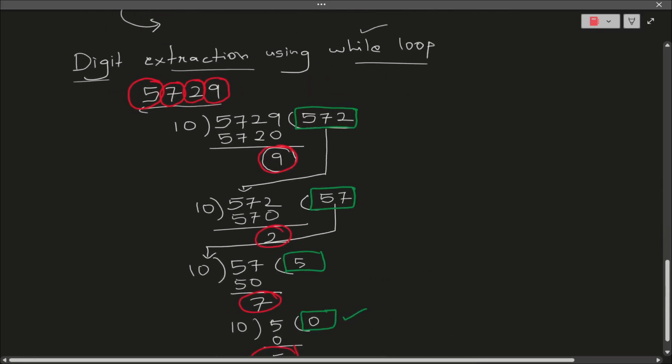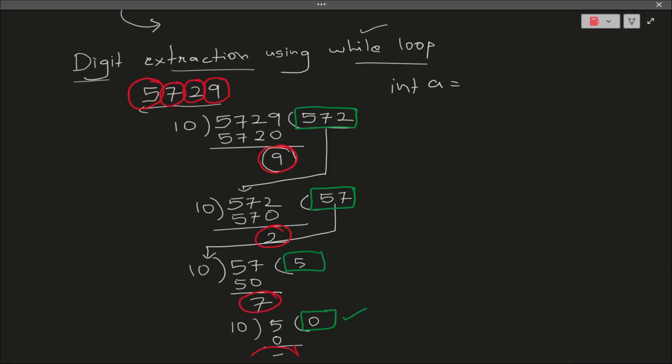Suppose the user has given me int a is equal to 5729. I've just considered this, you can try out any numbers according to you. I'm just taking an example. Now I'm writing while a is not equal to 0.